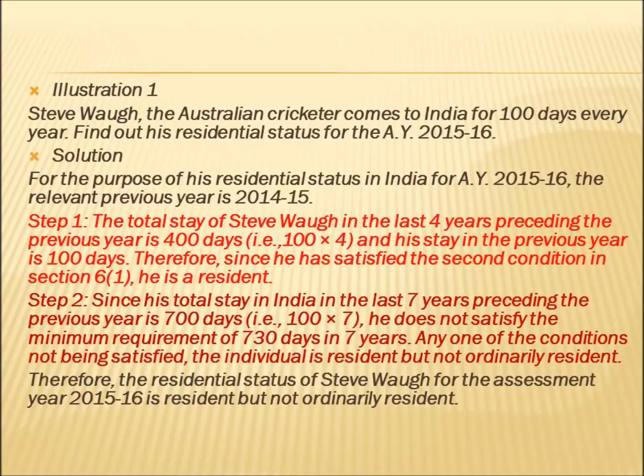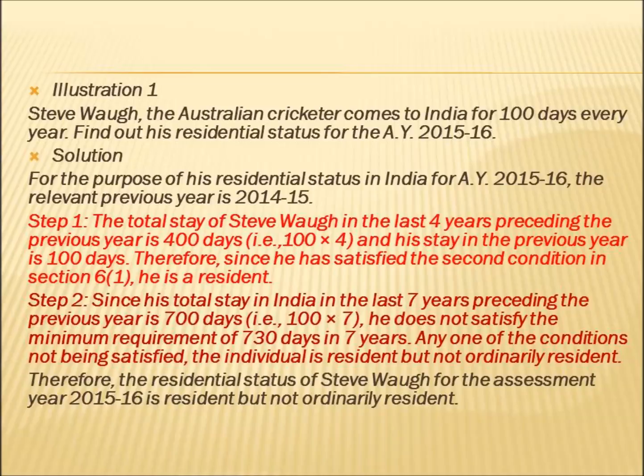In this illustration, we'll understand what a resident is, what a non-resident is, what is resident and ordinarily resident, and what is resident but not ordinarily resident. Hope this illustration will make these concepts clearer.